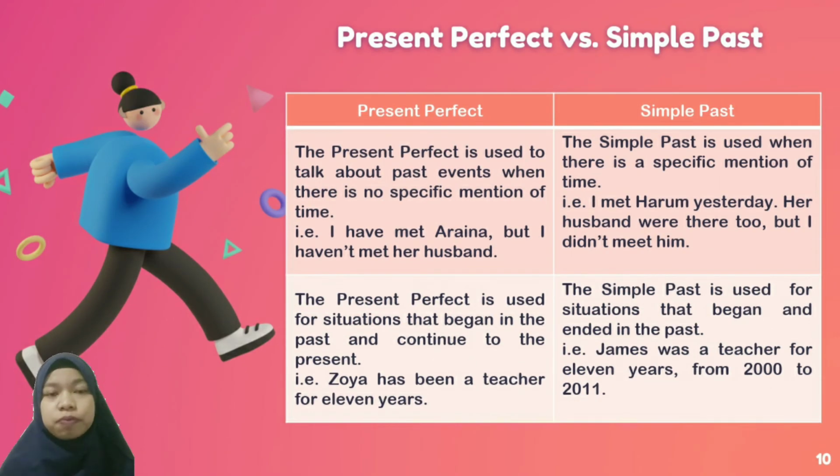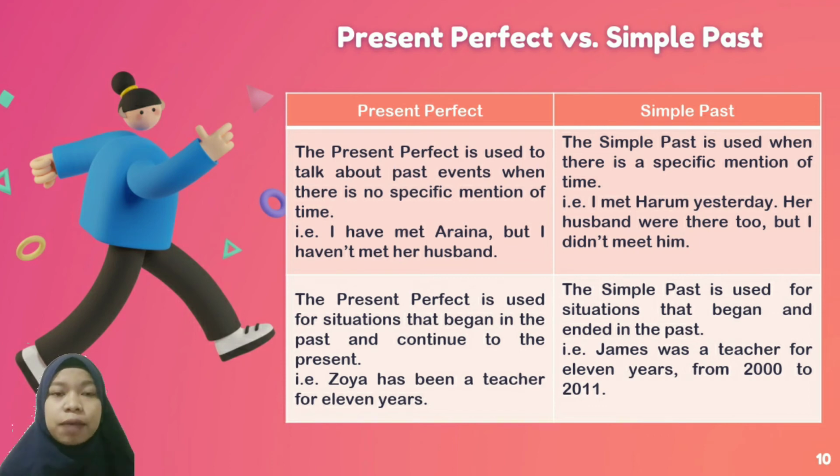Then about present perfect versus simple past. Present perfect is used to talk about past events when there is no specific mention of time. In example, I have met Araina, but I haven't met her husband. While the simple past is used when there is a specific mention of time.